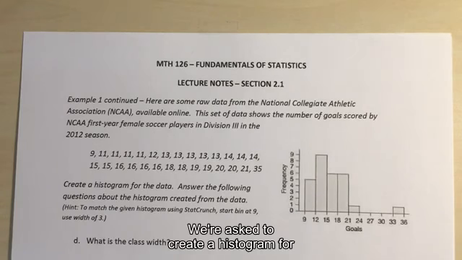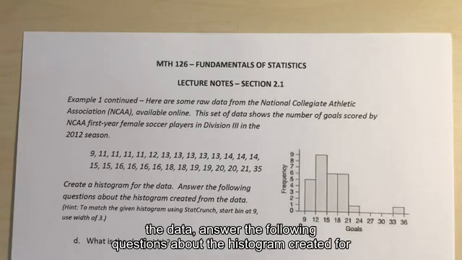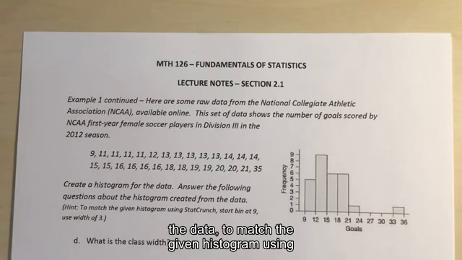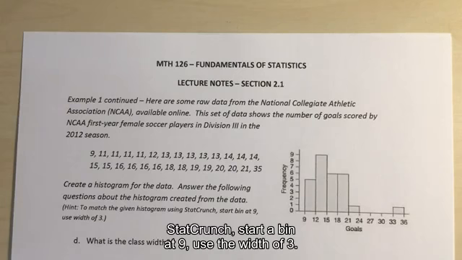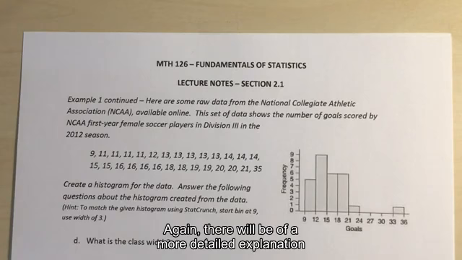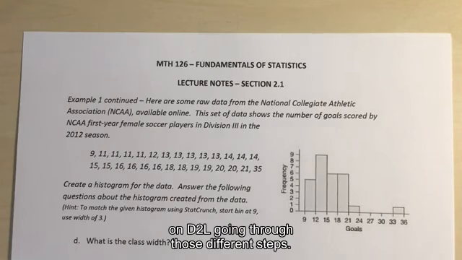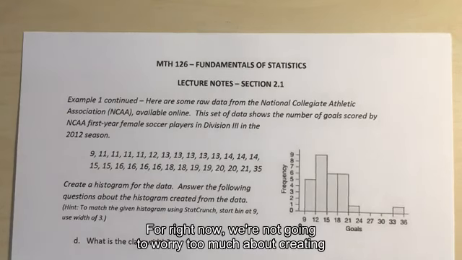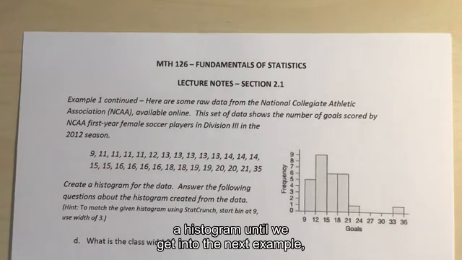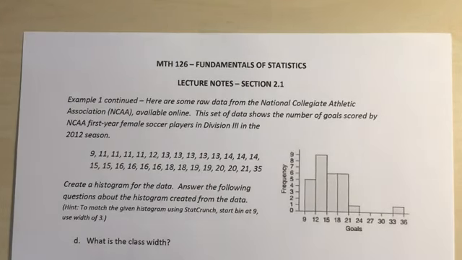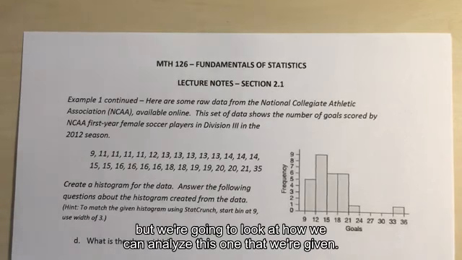We're asked to create a histogram for the data and answer the following questions about it. To match the given histogram using StatCrunch, start a bin at 9 and use a width of 3. There will be a more detailed explanation on D2L going through those steps. For right now, we're not going to worry too much about creating a histogram until the next example, but we're going to look at how we can analyze this one that we're given.